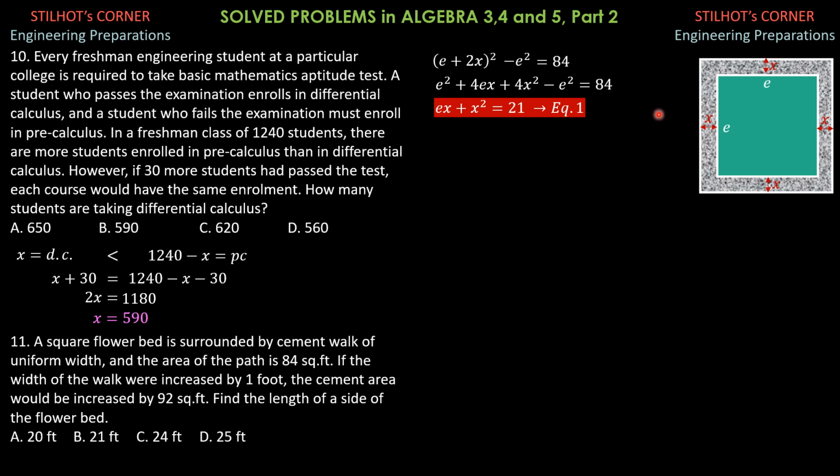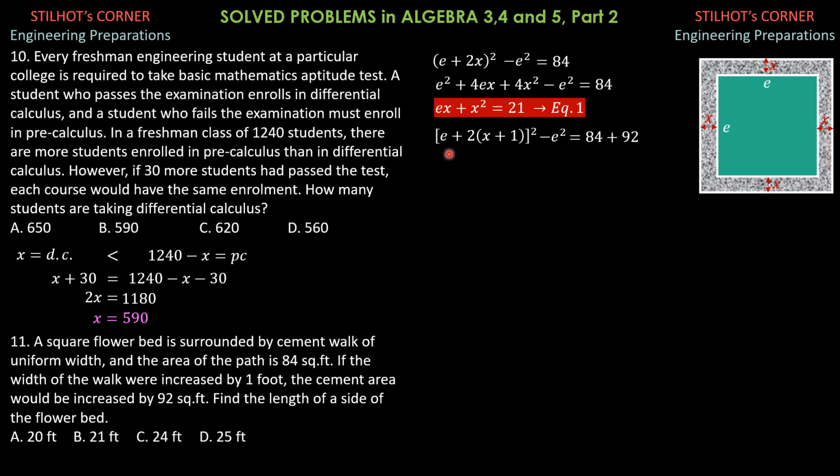The new outside dimension would be e plus 2 times quantity x plus 1. Then we square it, minus e squared, equal to 84 plus 92 square feet. This would now be the total area of the walk.